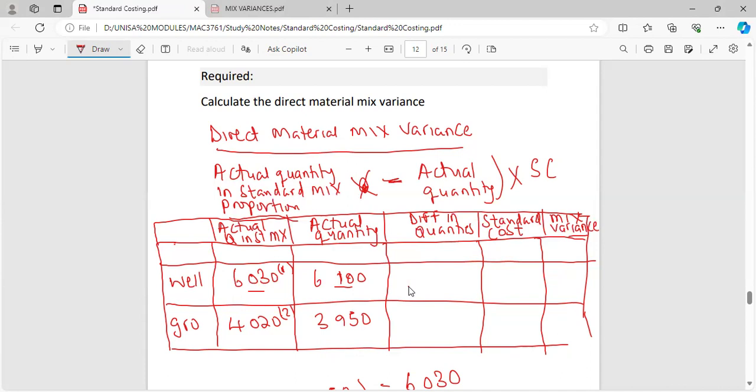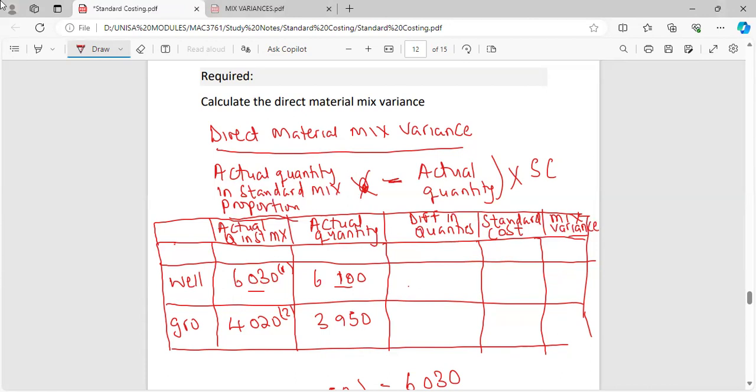So in all, our variance is going to be unfavorable. It was way more than what we were expecting. So it's still the same. It's just that now we are dealing with two materials. But if you revert back to what we have been doing, you can see that it's still more or less the same.